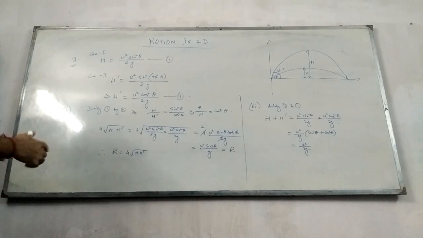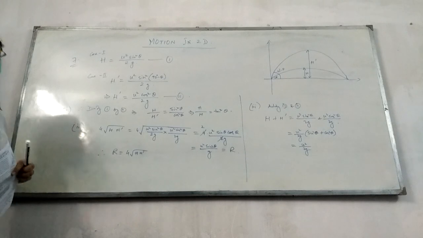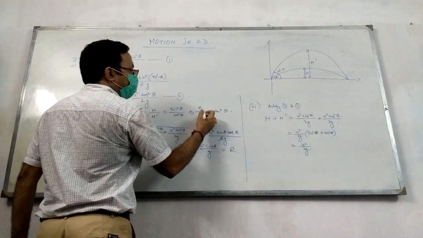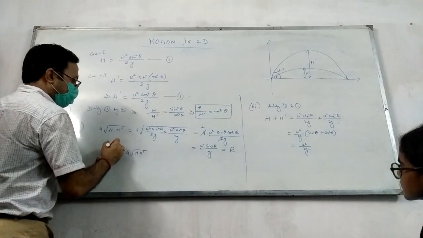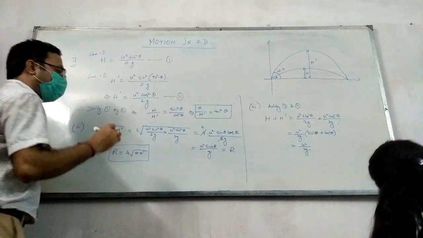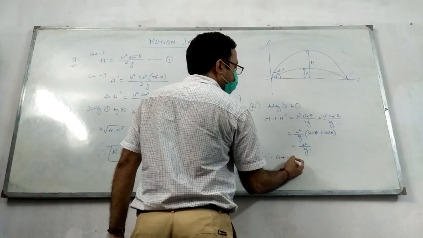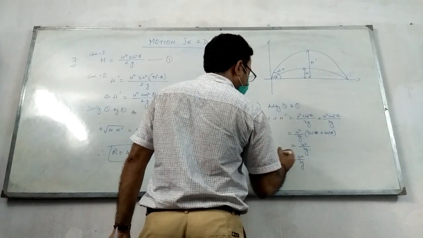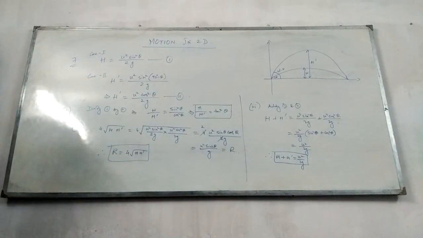The rest of the numericals you can do, this is basically theoretical questions. So whatever we are learning in these few sums, this has to be remembered as formula. So this is one formula, H by H dash equal to tan square theta. This is another formula, R is equal to 4 root over of H dash, and this is another formula, H plus H dash equal to U square by 2g.